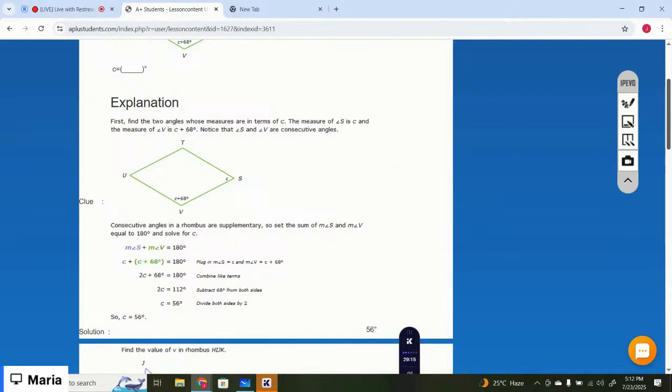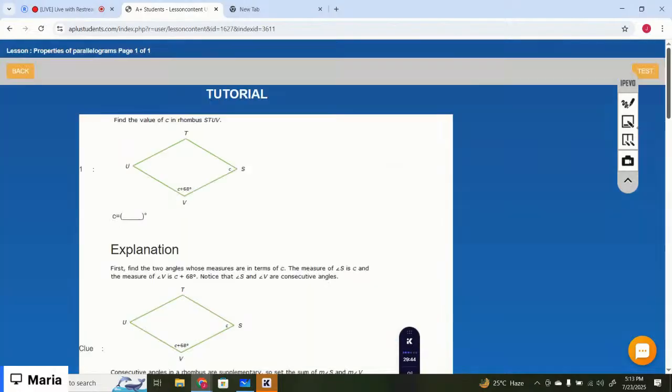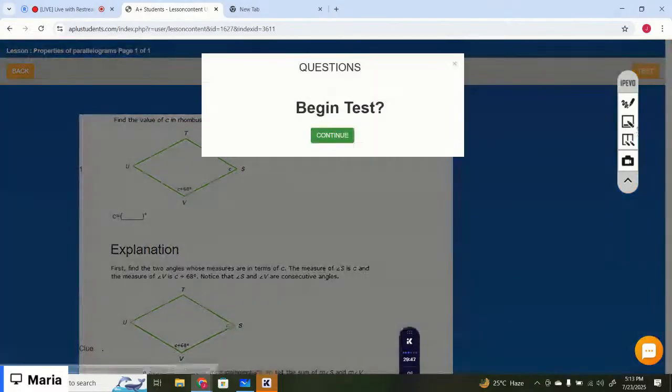2C equals 180 minus 68 degrees. 2C equals 112 degrees. C equals 56 degrees. Let's start with the test questions.